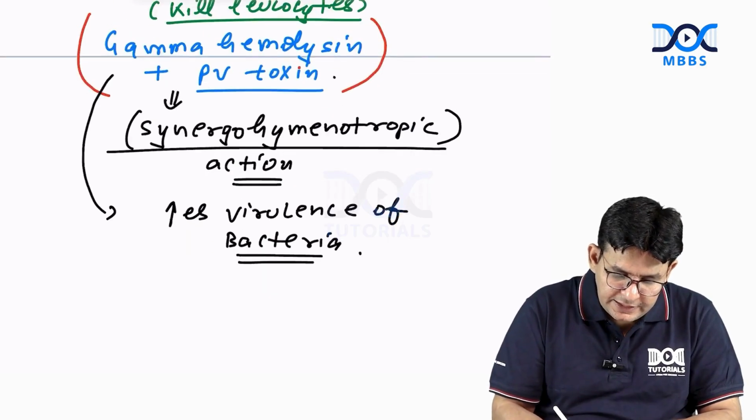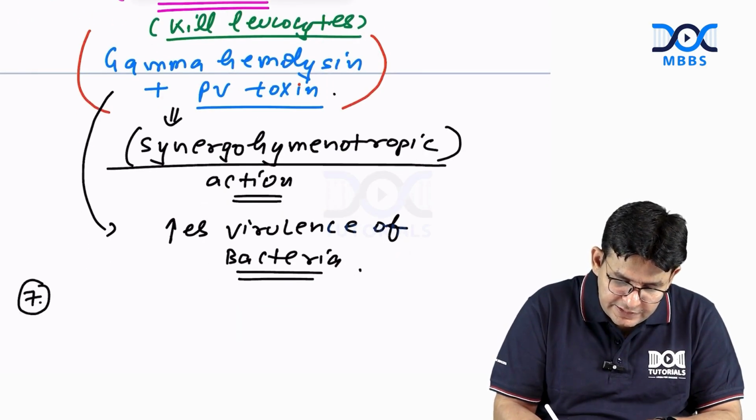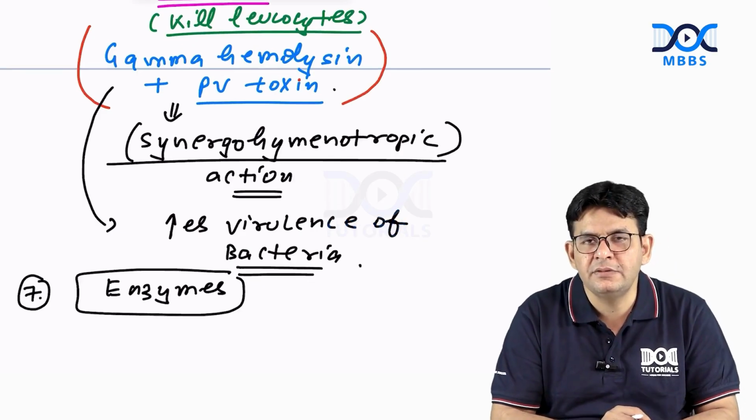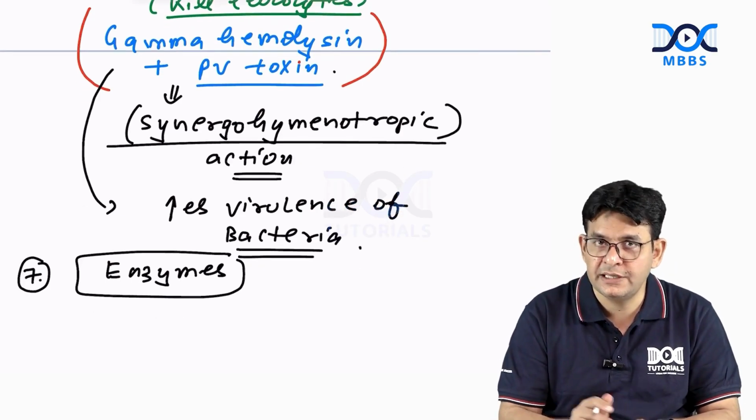Then the seventh one is regarding the various enzymes which act as virulence factors.